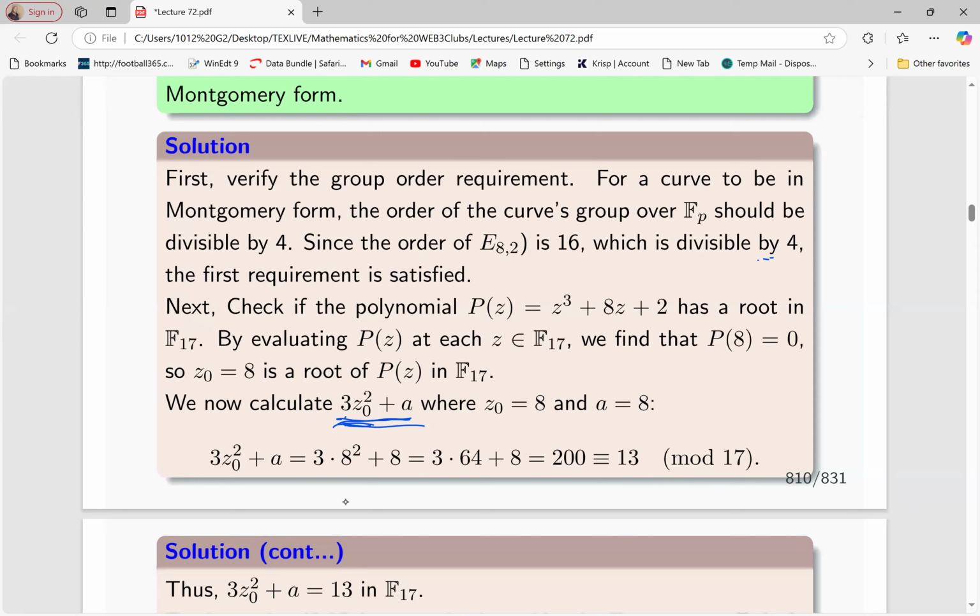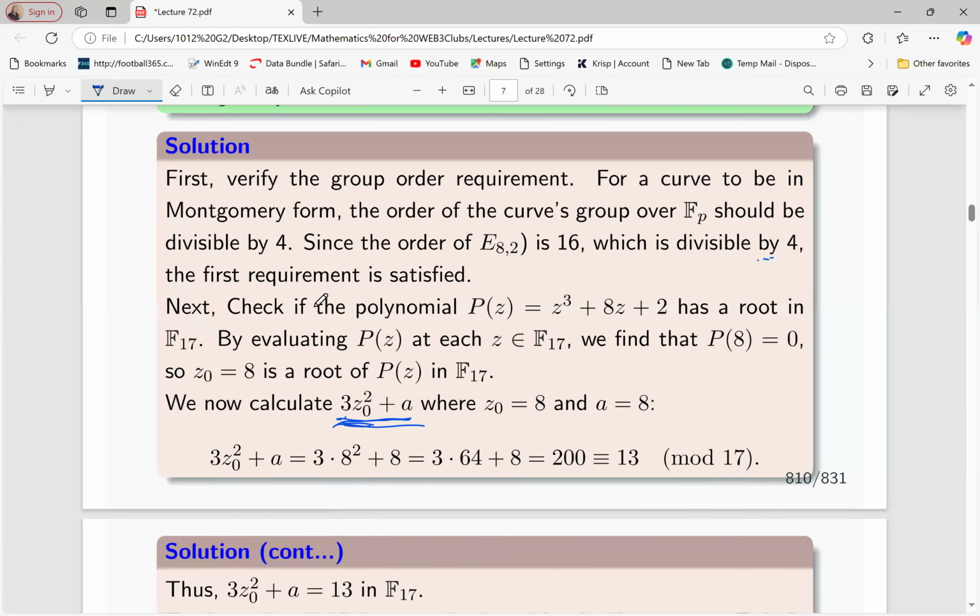Our Z naught, there is the root. The root we just obtained. So we found our Z naught to be 8 in this case.